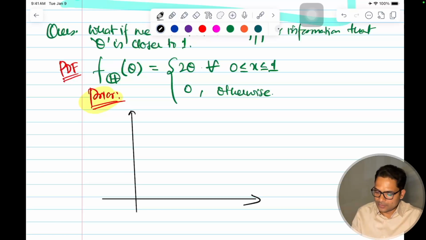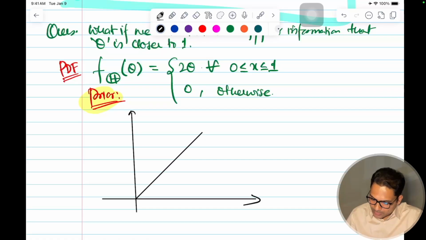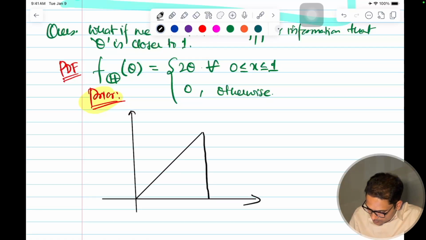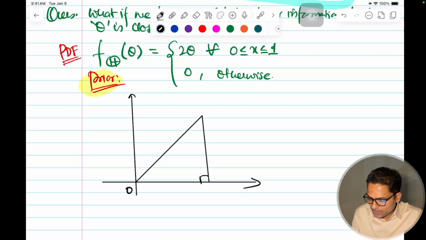Let's draw a line like this, within the 0 to 1 range.